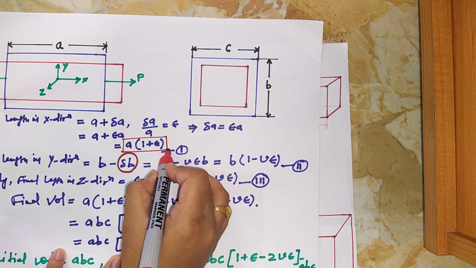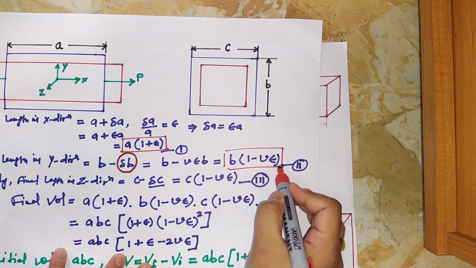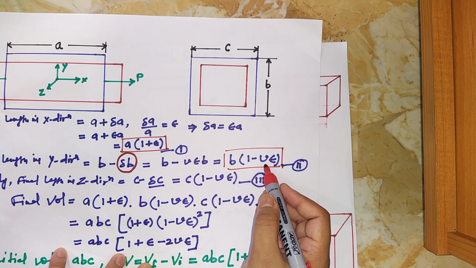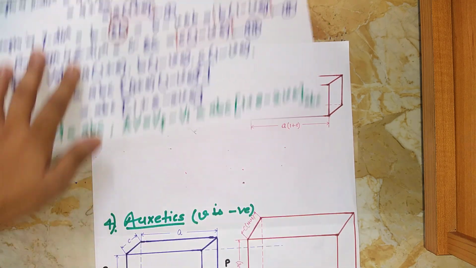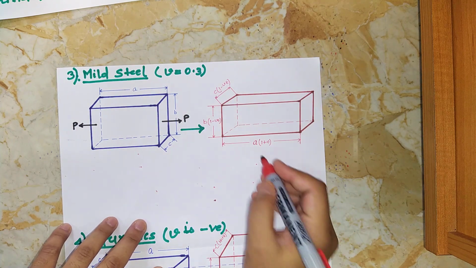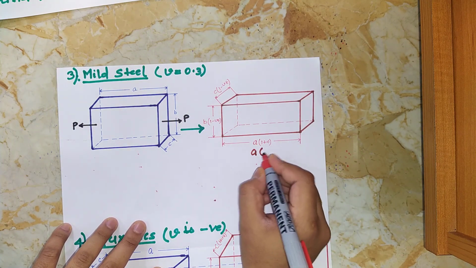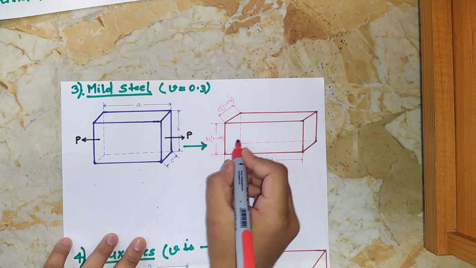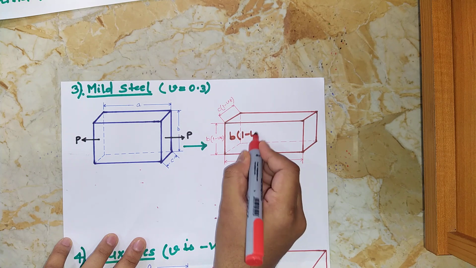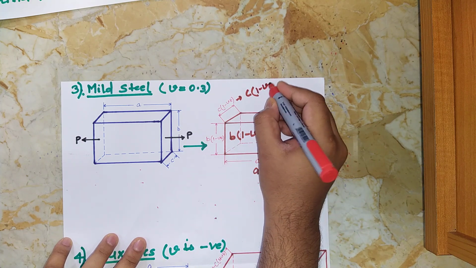See, A becomes A into (1 plus epsilon), B becomes B into (1 minus epsilon into Poisson's ratio), C becomes C into (1 minus epsilon into Poisson's ratio). So here we see that there is a tangible change in length. A becomes A into (1 plus epsilon), as we have already discussed earlier. B becomes B into (1 minus nu epsilon), and C becomes C into (1 minus nu epsilon).